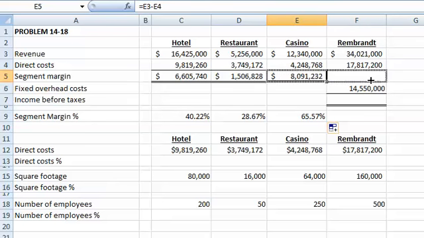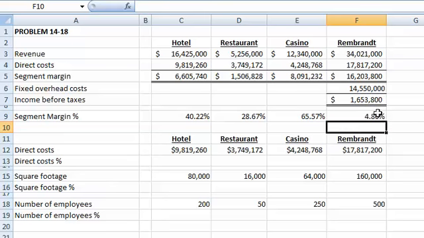For the total Rembrandt, our segment margin of 16 million minus our fixed cost gives us a total income before taxes for the Rembrandt of 1.6 million, and a total margin before taxes, 1.6 divided by 34, of 4.86%.